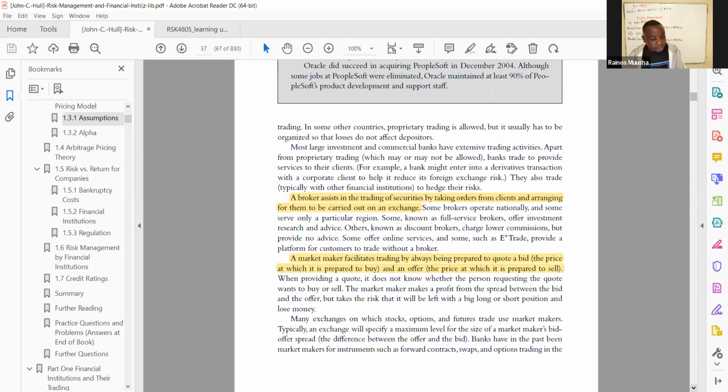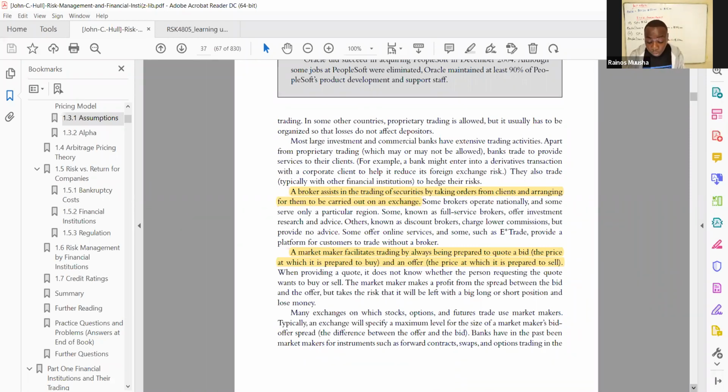Then when you have foreign currency and you want to sell it, you can also go to the bank, and the bank will tell you exactly how much they are prepared to pay for the foreign currency, which is what we refer to as the bid price. So how the banks make money is they sell you foreign currency at the offer price, which is higher, and they buy foreign currency from you at the bid price, which is lower. So the difference between the bid and offer price is how the banks are able to make money as well.